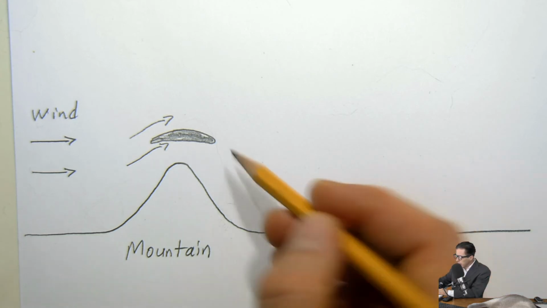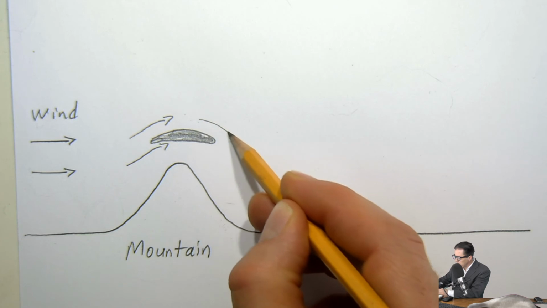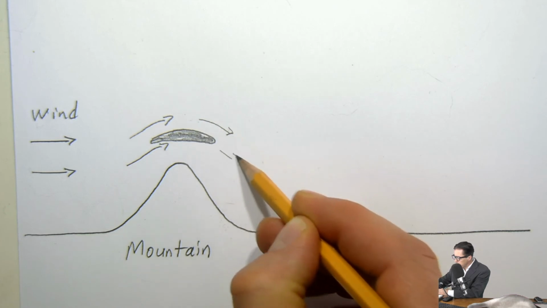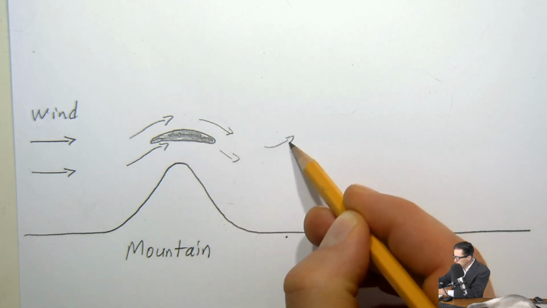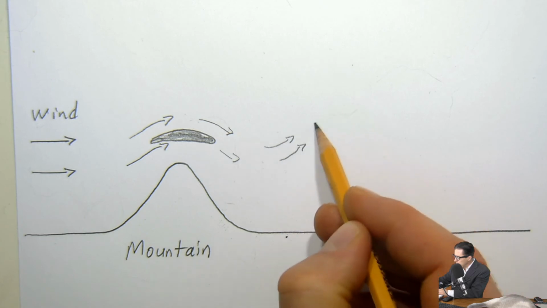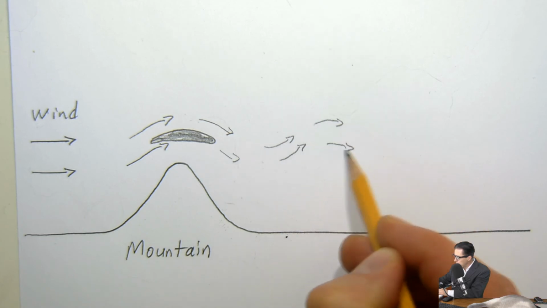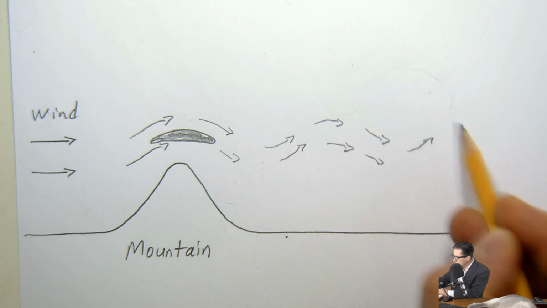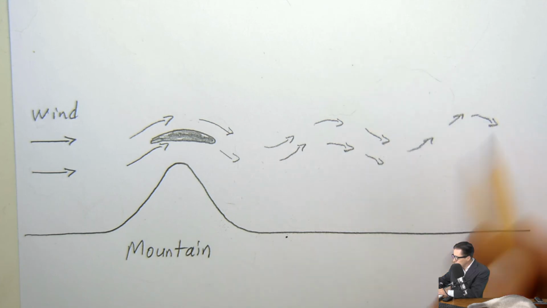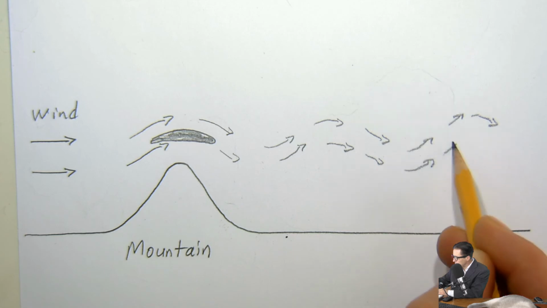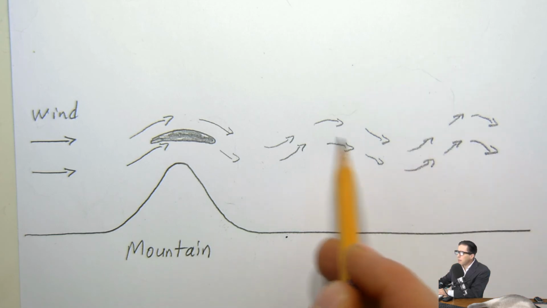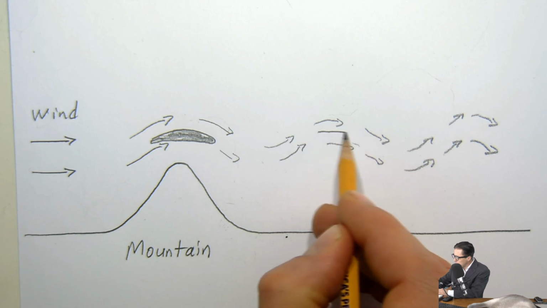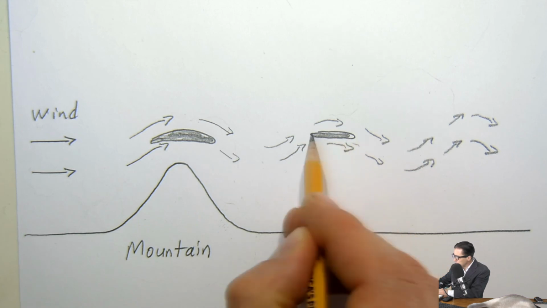So what happens is the air goes up over the mountain and it comes down and it compresses and then it goes back up again. And then it makes another hump like this and it bounces again. And it can do this many times actually. And at the top of each one of these humps, it'll form another disk.